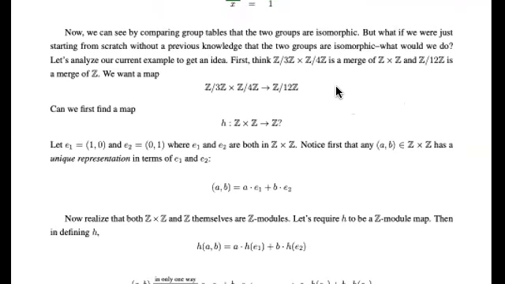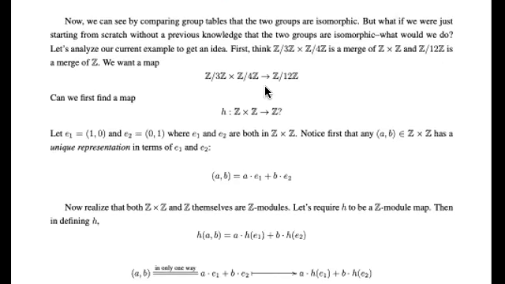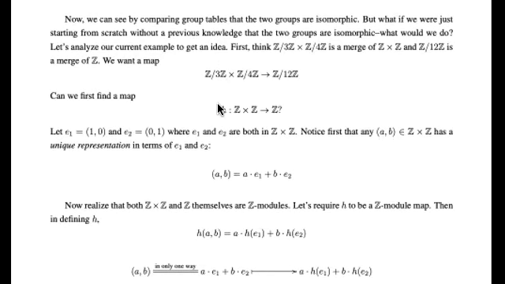Let's think about what's happening. This right here is a merge of Z cross Z. If in the first component we mod out by 3Z, and in the second component we mod out by 4Z, we're quotienting Z cross Z. And Z mod 12Z is a merge of Z. We want a map like this, but let's consider this map before we mod, when it just looks like Z cross Z to Z. So let's look at a map up here at this level instead of down here after quotienting out, which is what we've been working with.